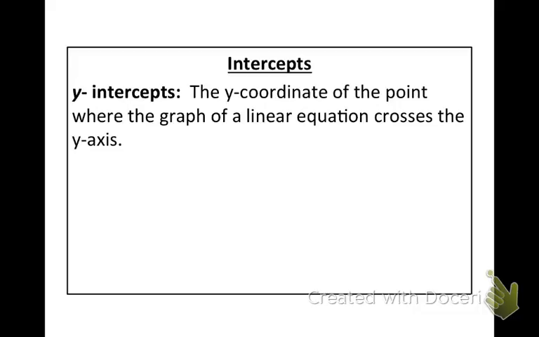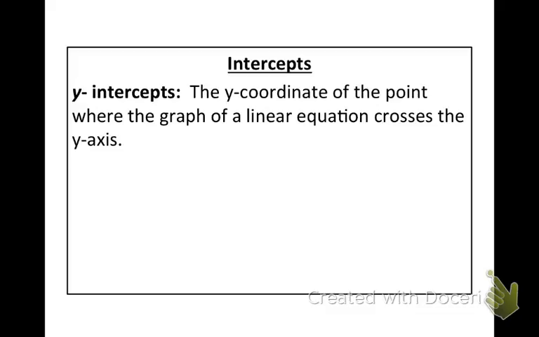Just talked about the good old ruler postulate in geometry today. You guys remember all the way back to Chapter 1, Section 2 geometry from last year? So the y-intercept is the y-coordinate of the point where the graph of a linear equation crosses the y-axis.